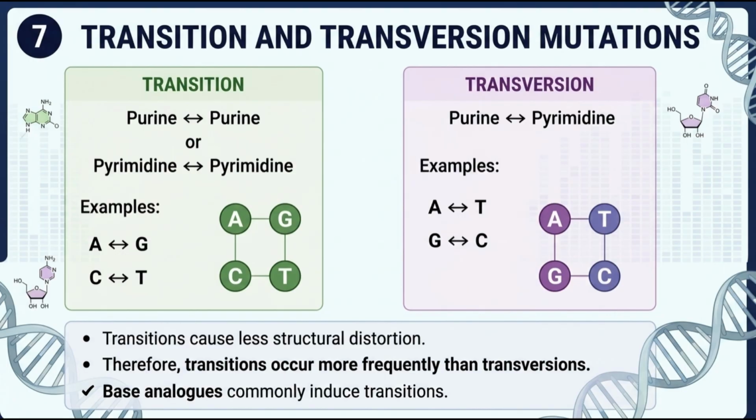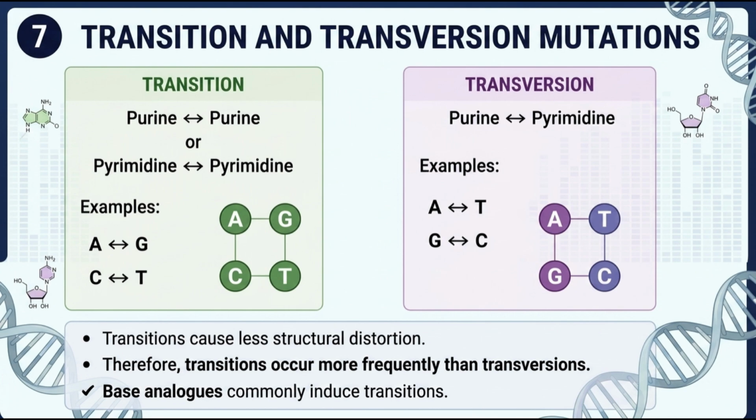Transition and transversion mutations. Base substitution mutations are classified into transitions and transversions. Transition mutation involves purine replacing another purine or pyrimidine replacing another pyrimidine. Examples include adenine changing to guanine or cytosine changing to thymine.